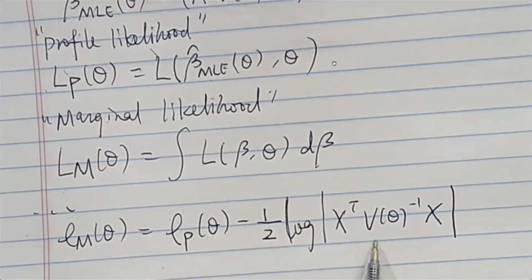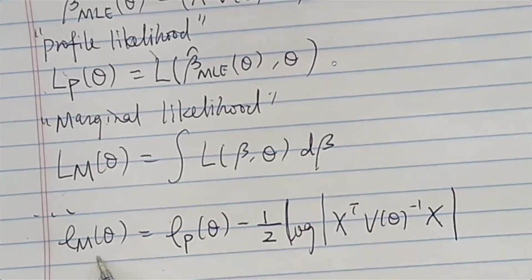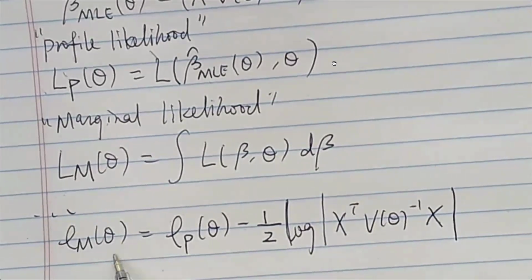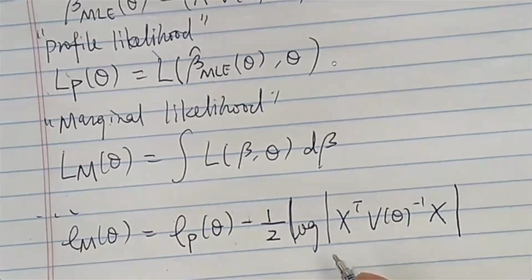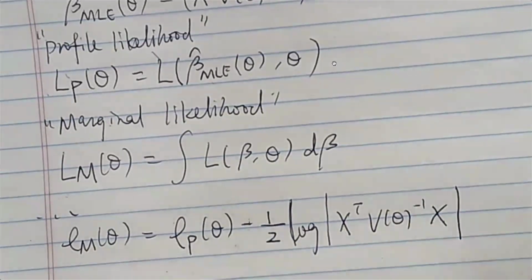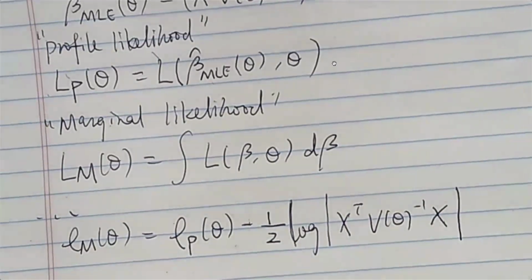Therefore, if you maximize this to find theta hat, it's not identical to the theta hat by maximizing this. All right, so there are 2 terms used in this literature of linear mixed model.